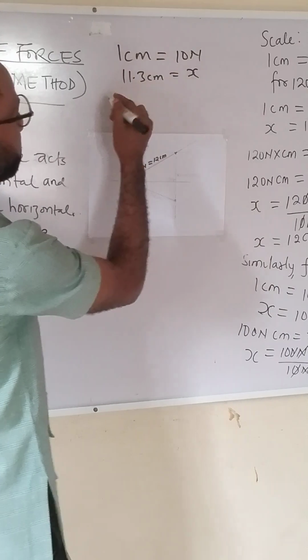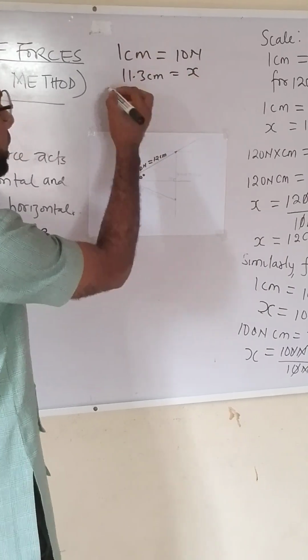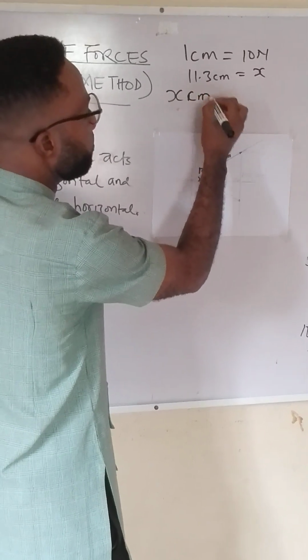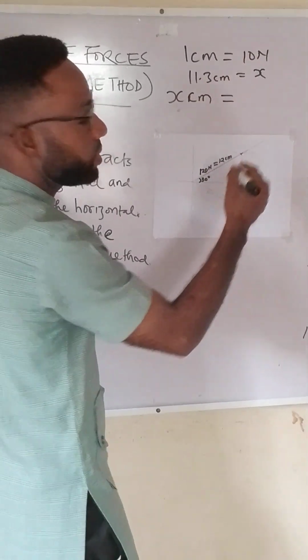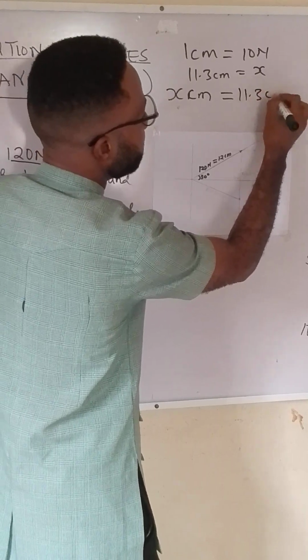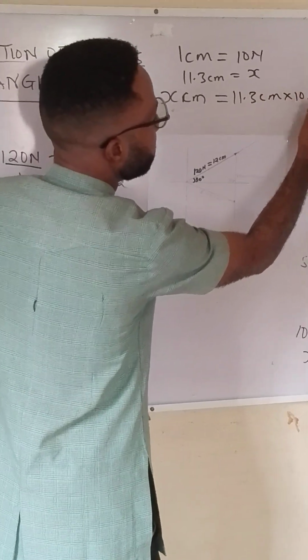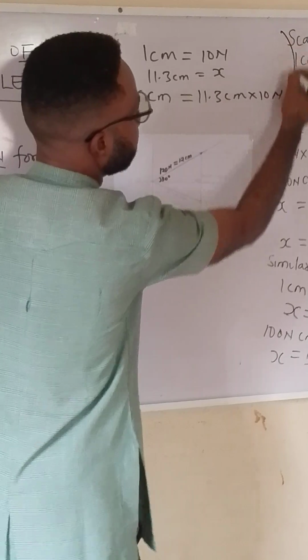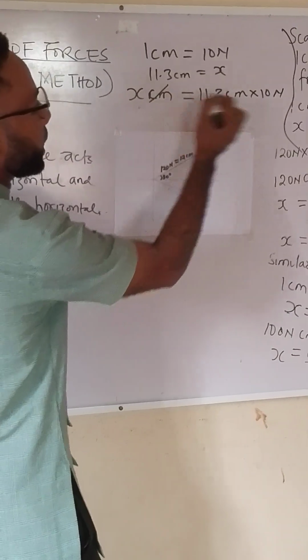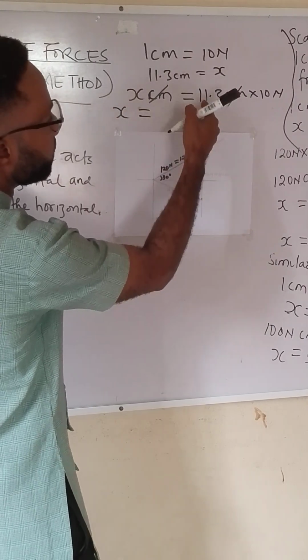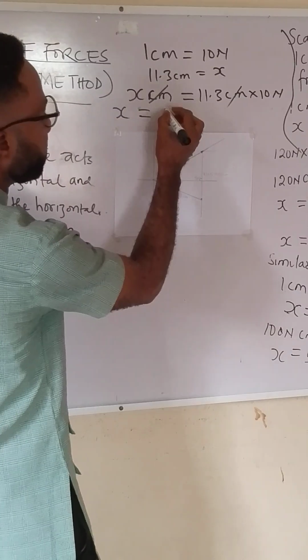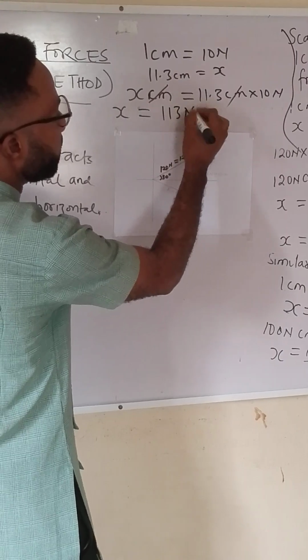Cross multiplying, x times 1 cm equals 11.3 cm times 10 Newton. The cm cancels out, so x will be equal to 11.3 times 10 Newton, which gives us 113 Newton.